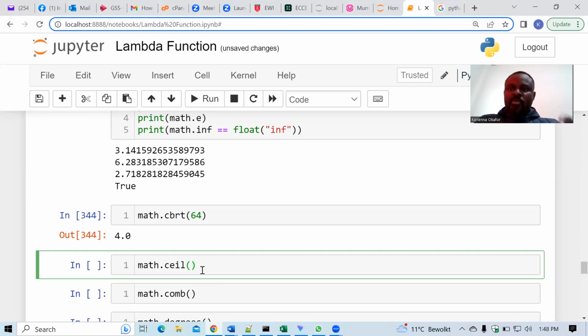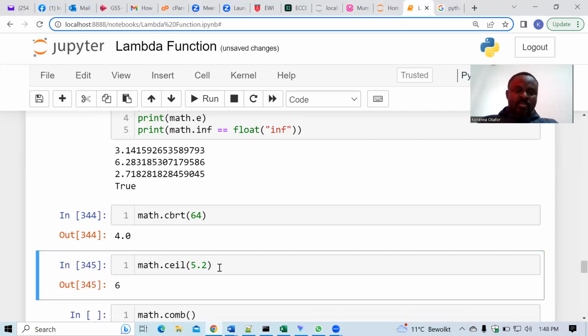It must be the least possible integer that is greater than the value provided. Let me just use an example here to show us. If I have 5.2 and I call the ceil method, it's going to give us a number greater than 5, and that number must be the least possible integer. So I should think it is 6 in this case, right? The next integer after 5 is 6. Let's see if that's what it gives us. 6, correct. So it doesn't matter. You could make this 5.7 and it's still going to be 6.